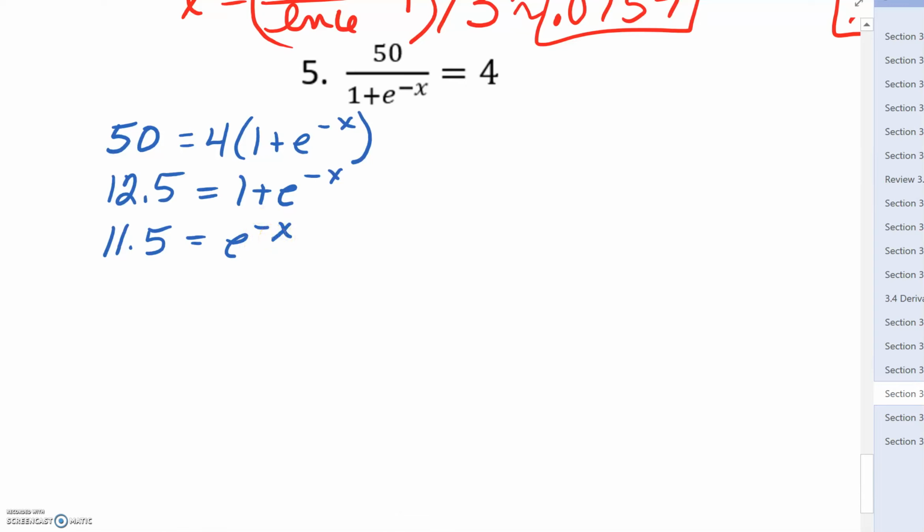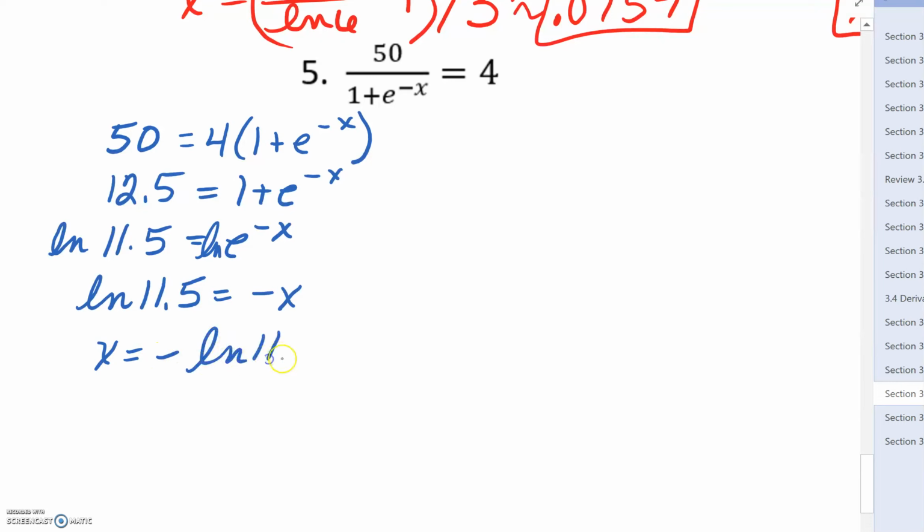And then we've got an x in an exponent, so to get rid of that, we take the log of both sides. So I'll just do that right here. On the left, we get the natural log of 11.5. On the right, the natural log of e to the negative x is just negative x. And then divide both sides by negative 1. So x is going to be the opposite of the natural log of 11.5.